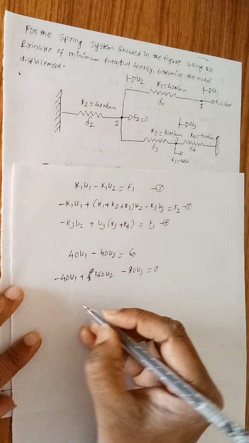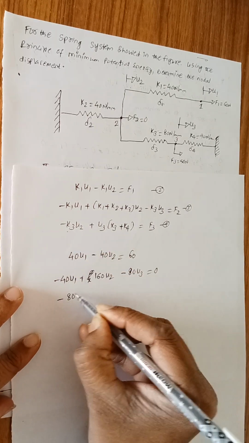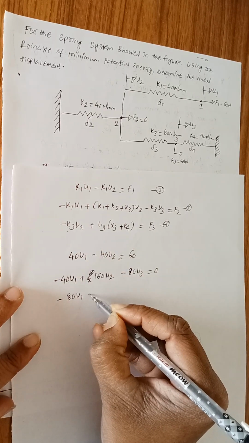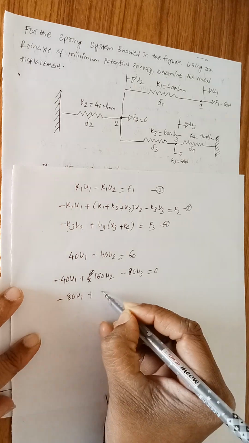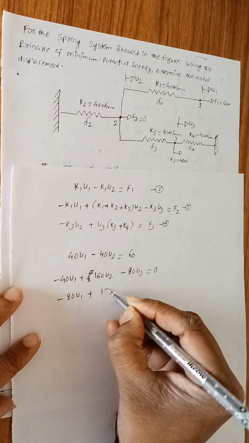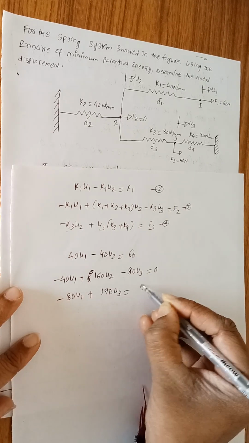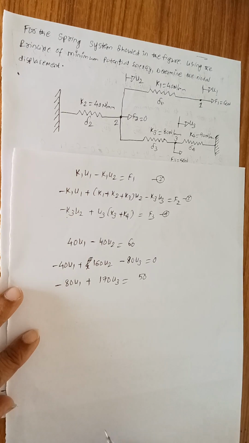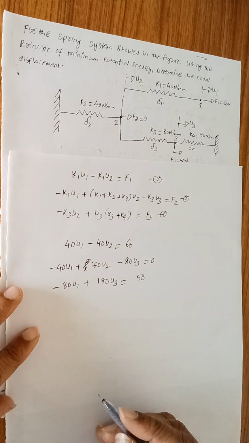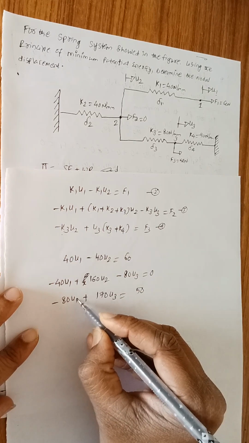And next we also have k3, that is minus 80 u2 plus k3 plus k4, 80 plus 90, that is 170 u3, that is going to be equal to 50. So therefore now you have to use the equation method to just solve it.